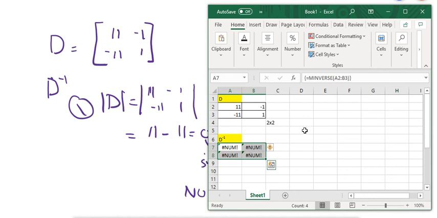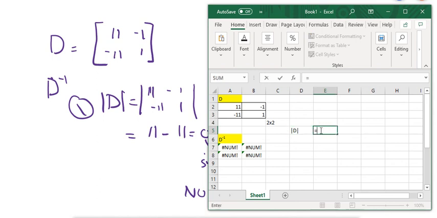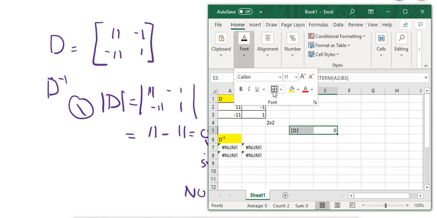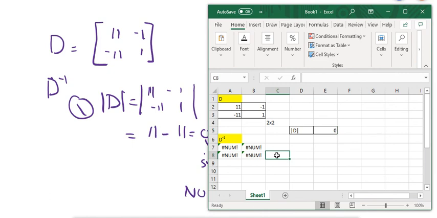Because the determinant of D, MDETERM of D, is equal to 0.